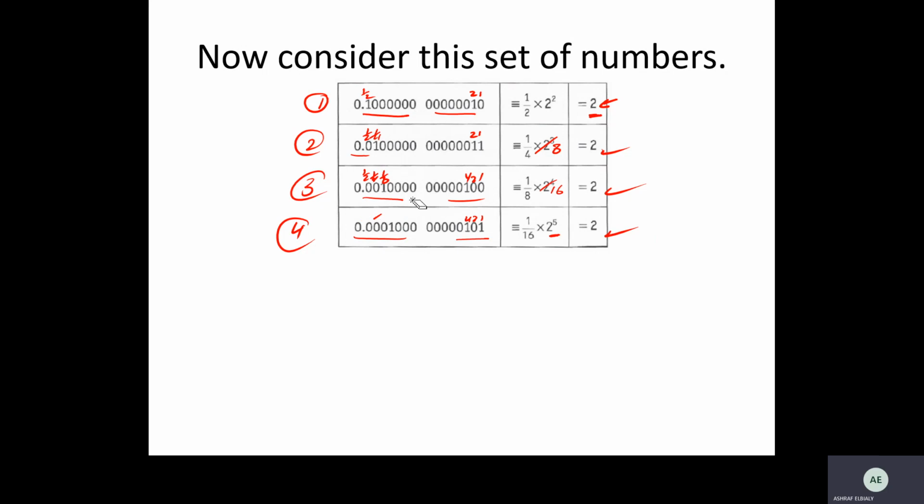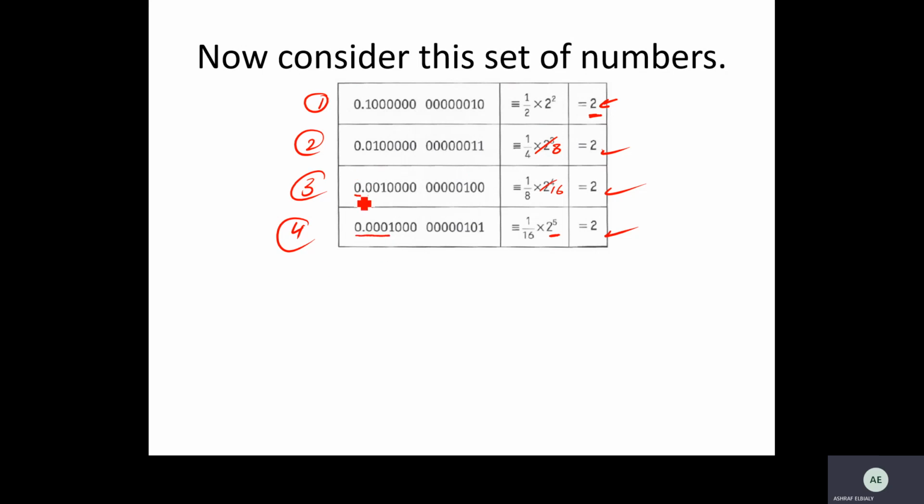As you can see, we have different representations of the ordinary value of 2 as an infinite number of representations of binary floating point. Actually, this is going to be considered a waste of space for this example.